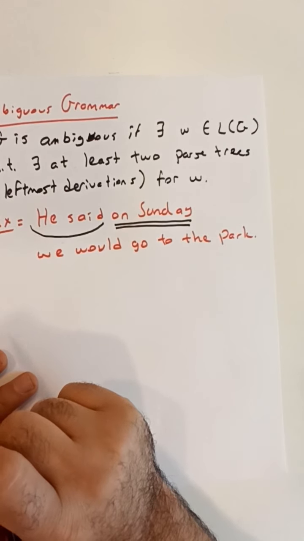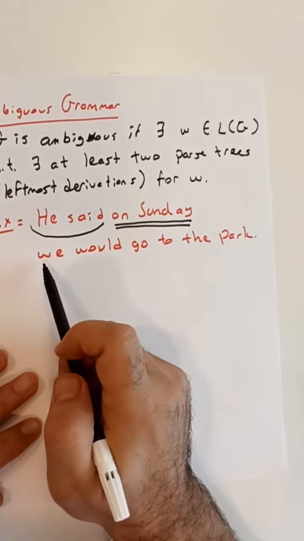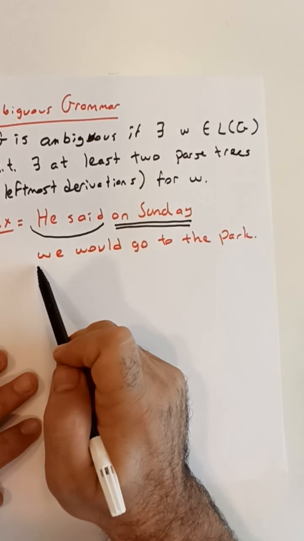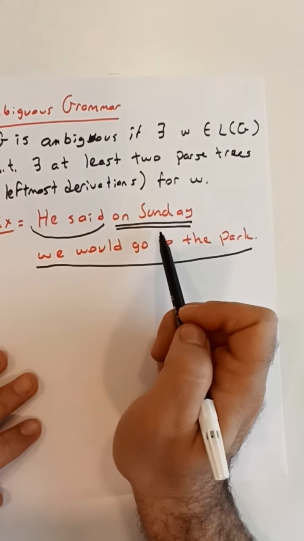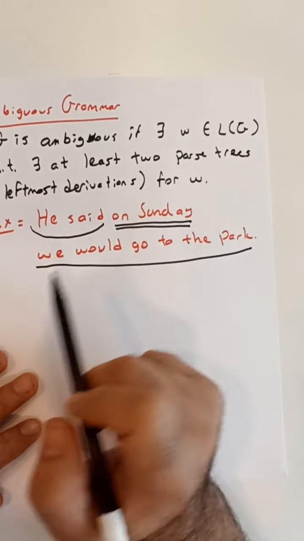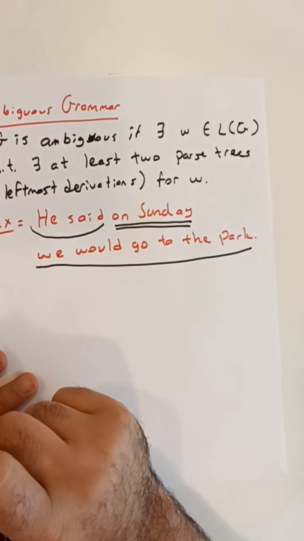A second interpretation is to apply this word combination to the second phrase. So he said we would go to the park on Sunday. When would we go to the park? We would go to the park on Sunday.